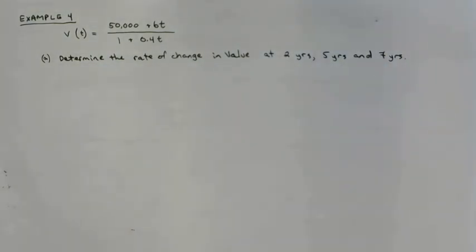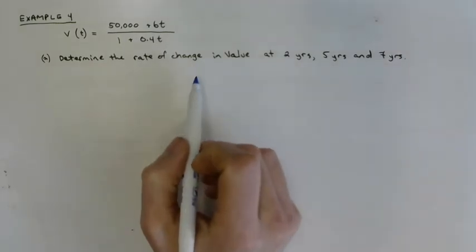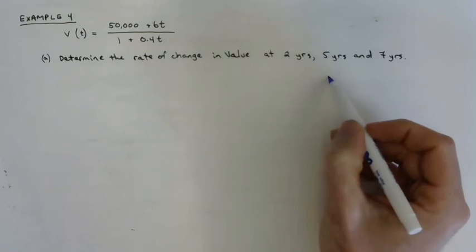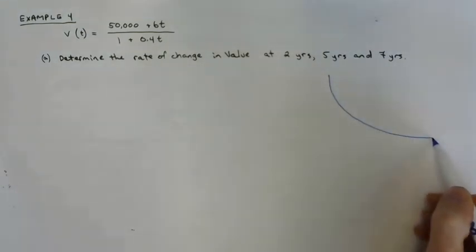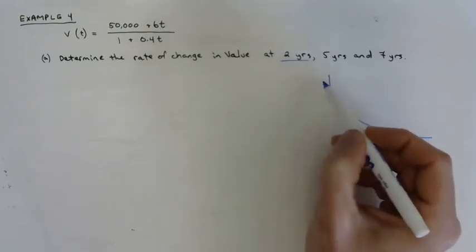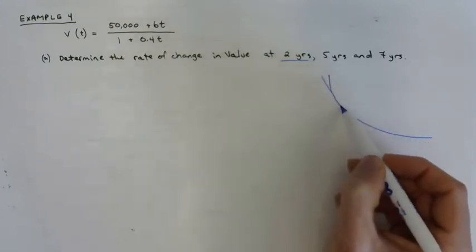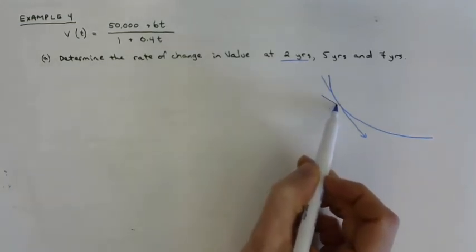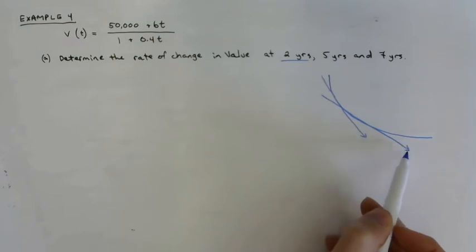We're not going to do all those, but all that's suggesting is that, and we kind of know what we're going to find out, the value, if we drew this curve, is going to look something like this. So basically in the 2 year, it's going to be depreciating quite significantly. The rate of change is going to be drastic. Then after 5 years, it's going to continue to depreciate, but not as quickly.